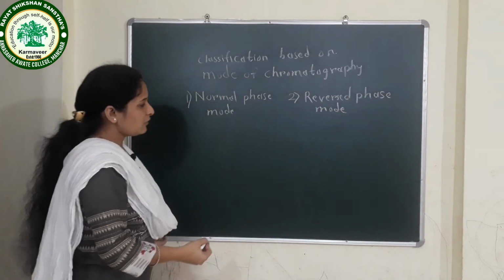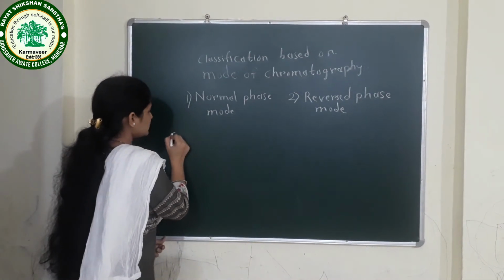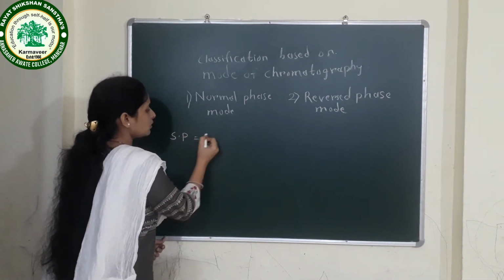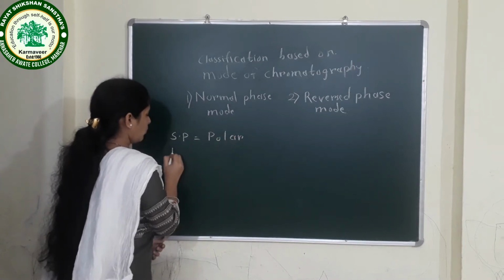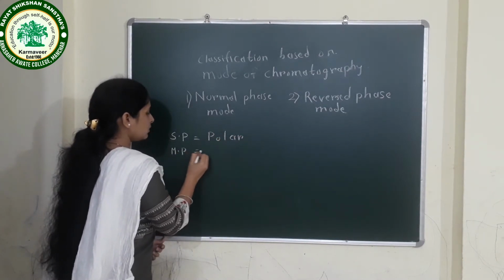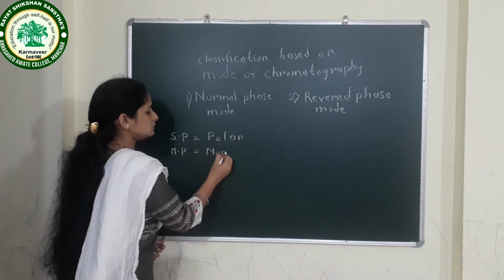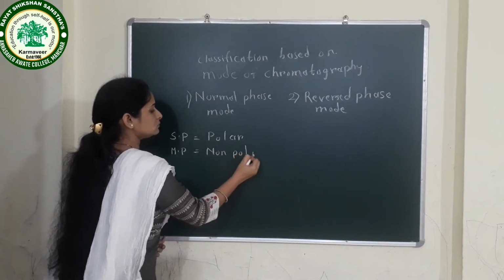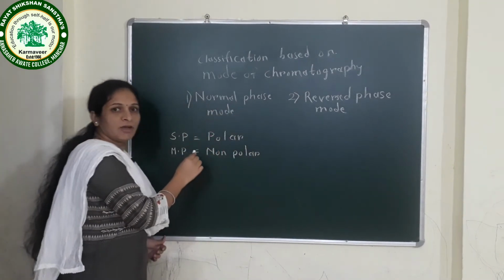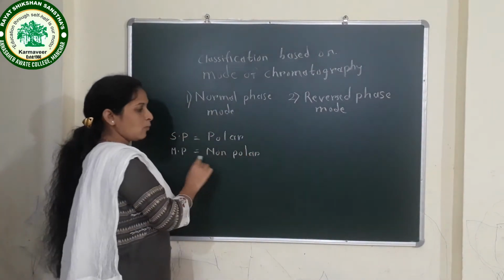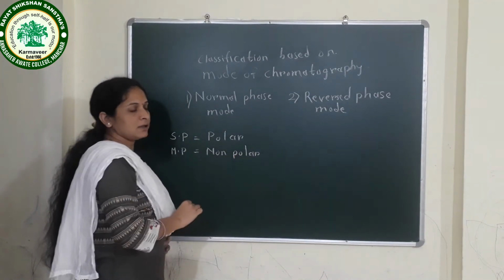Now in the normal phase mode, stationary phase is polar and mobile phase is non-polar. In normal phase mode, stationary phase is polar in nature and mobile phase is non-polar in nature.